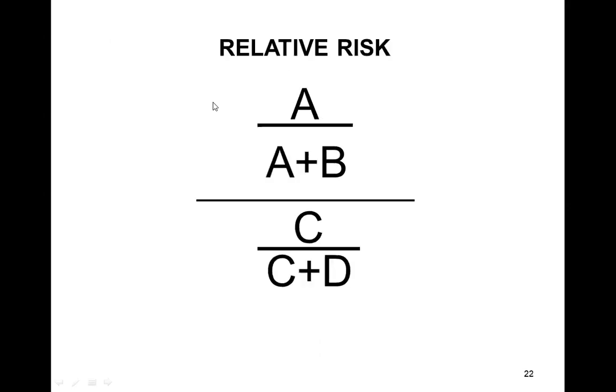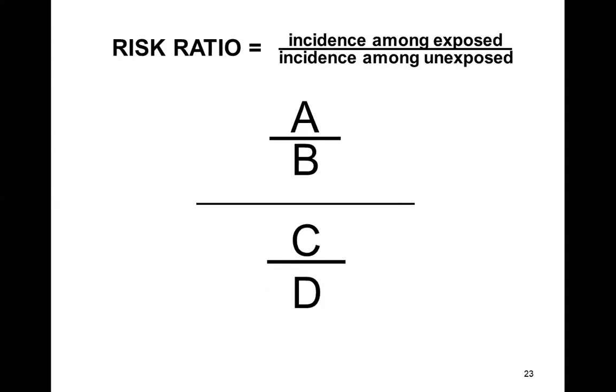So far, just keep this in mind: we've talked about relative risk, and now we're talking about risk ratio. I am going to tell you which parameter or point estimate we use depending upon what kind of study design we have. When I use the term point estimate, I'm basically talking about a calculation.